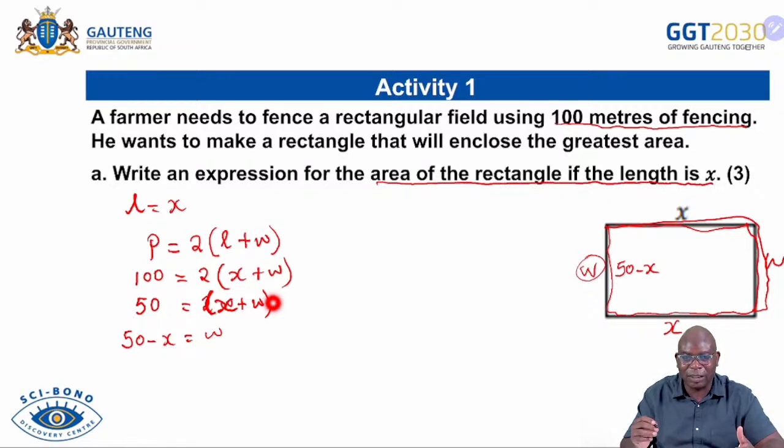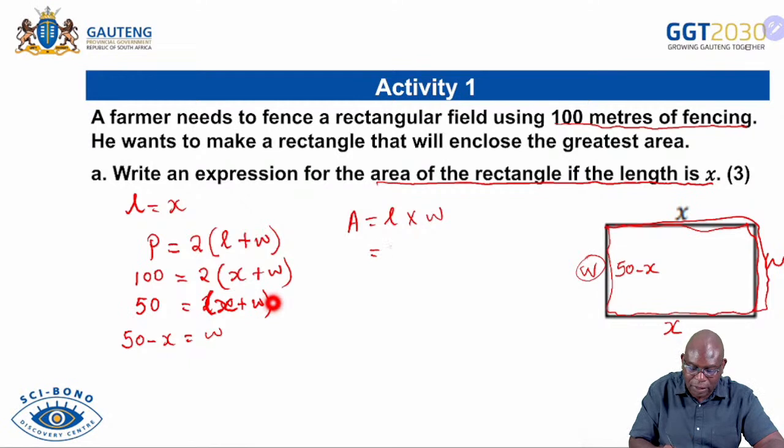So in other words, I just need everything to be x. So how am I going to get the area? Now the area, remember area is length multiplied by the width. So what is my length there? My length is x. My width is going to be 50 minus x. Then I just multiply in, I'll get 50x minus x squared.